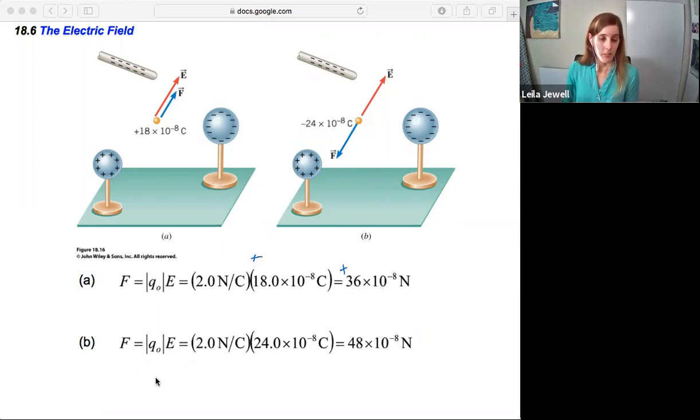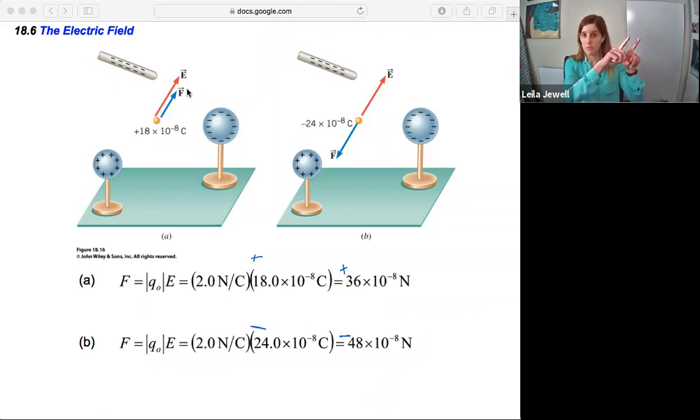Now, in part B, it's a negative charge. So if you actually included that negative sign when you put in that result, your force would come out with a negative sign as well. I prefer this because then that tells you the force is in the opposite direction as the electric field. In case A, because it's a positive charge, the force points in the same direction as the electric field.